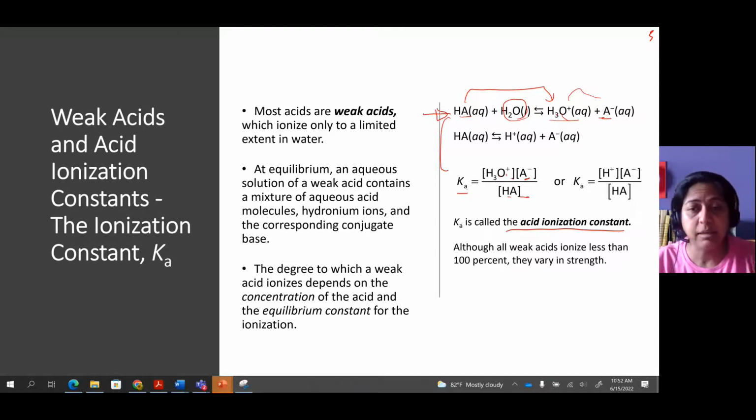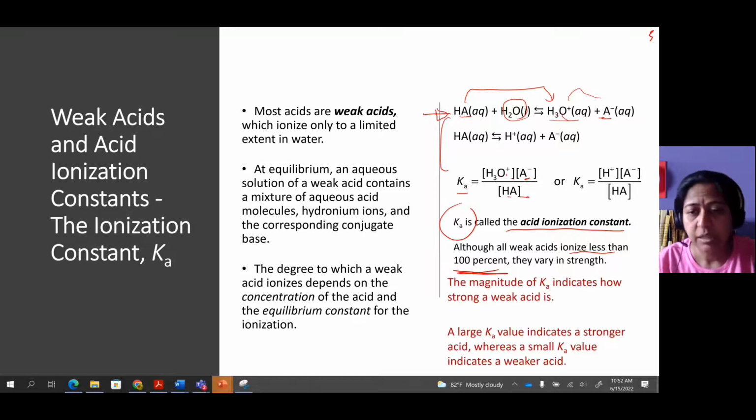So we have a problem. What will decide the amount of ionization? Always this ionization is less than 100%. So how can we determine which acid will have a higher ionization and which acid has a weaker ionization?